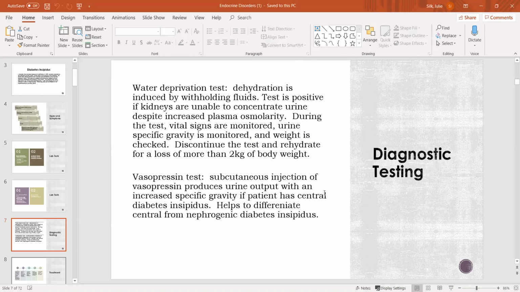Remember, we just talked about that a few minutes ago. Central meant that it was caused by a defect to the hypothalamus or pituitary gland. So this test would tell you which type they had. It helps to differentiate between the types, if that makes sense.